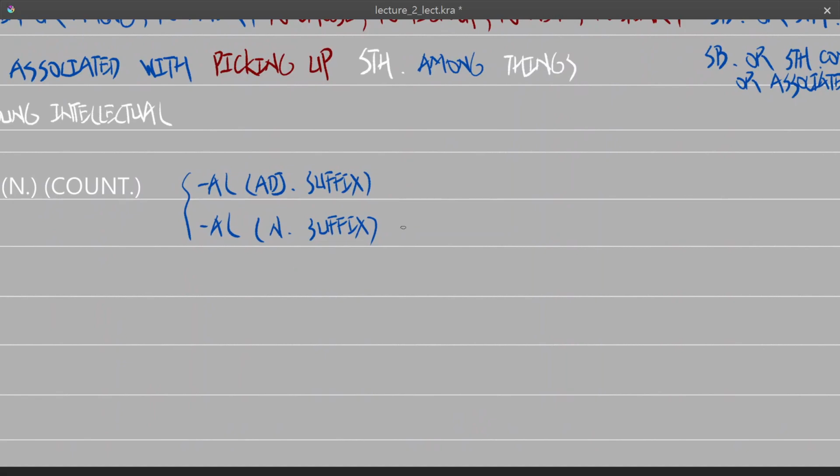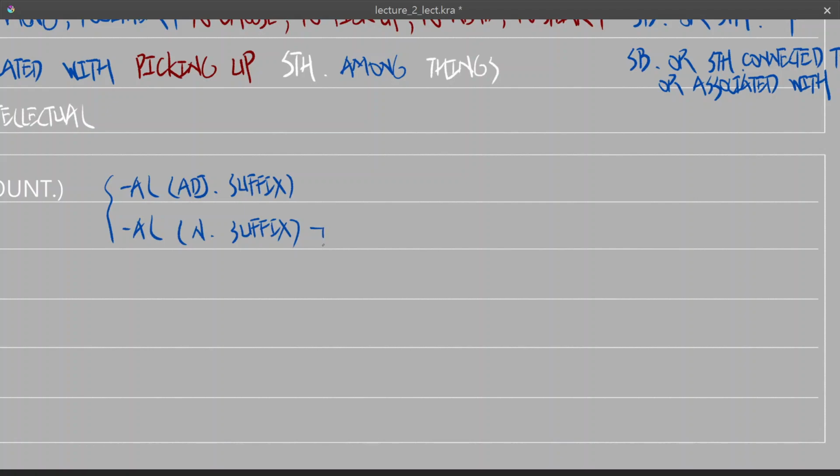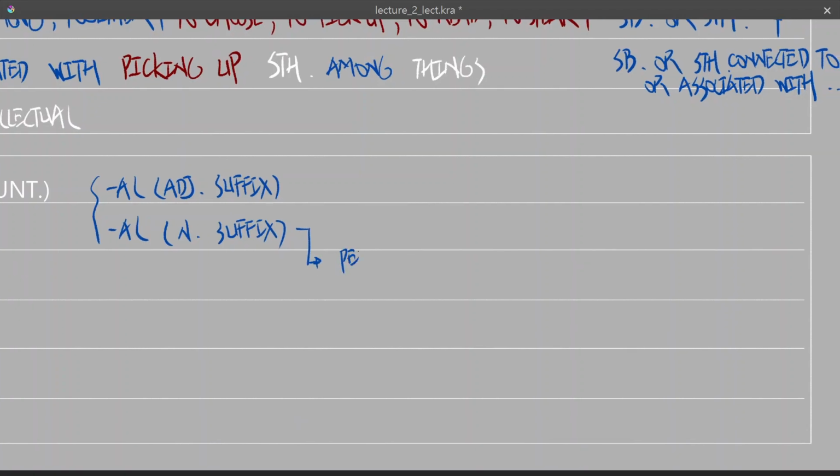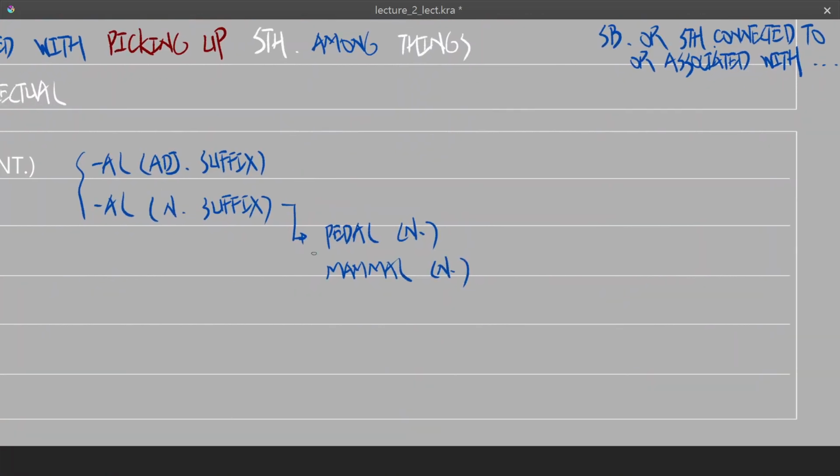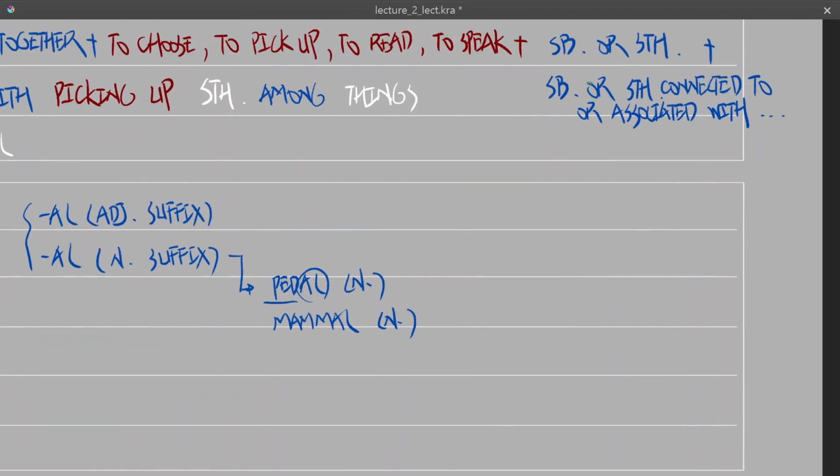So for example, we have some words like pedal or mammal. Ped means foot, and L means something connected to or associated with something.